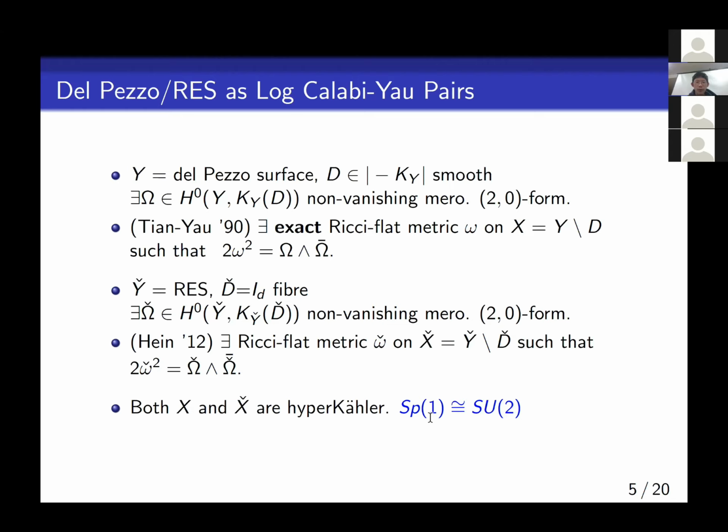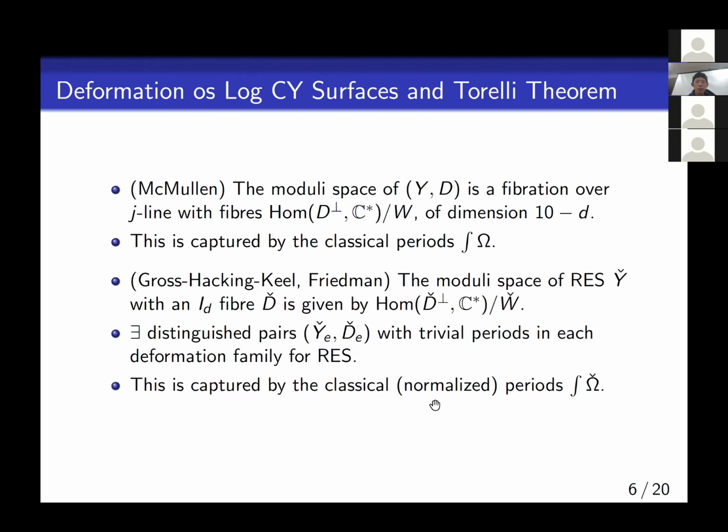So these are the actual content. We want to know what the deformation space of log Calabi-Yau surfaces is. McMullen studied the moduli space of pairs of a del Pezzo surface with a smooth anticanonical divisor. He actually studied more generally a rational surface with a smooth anticanonical divisor. This moduli space has a fibration structure over the j-line.